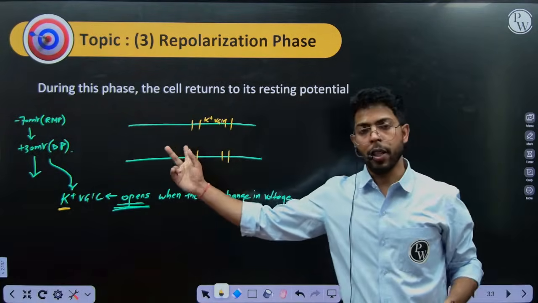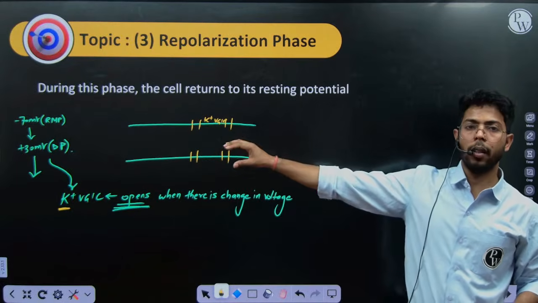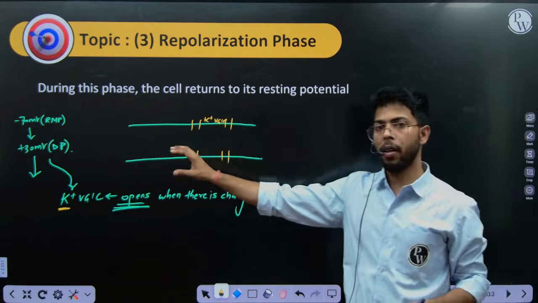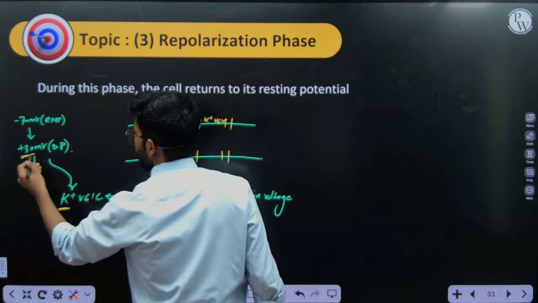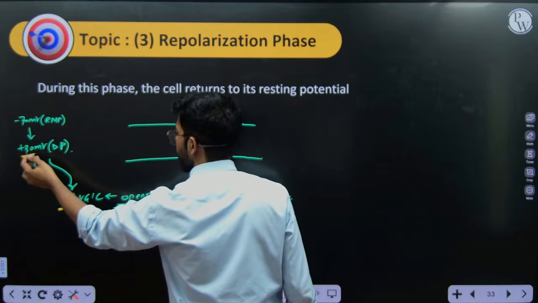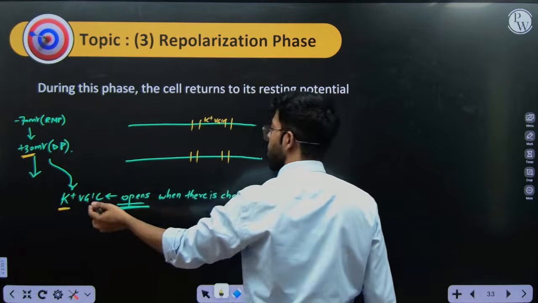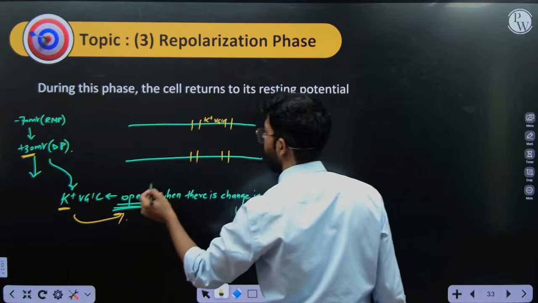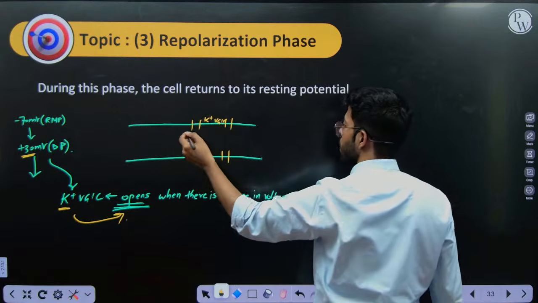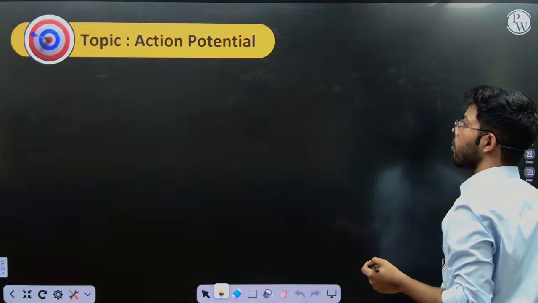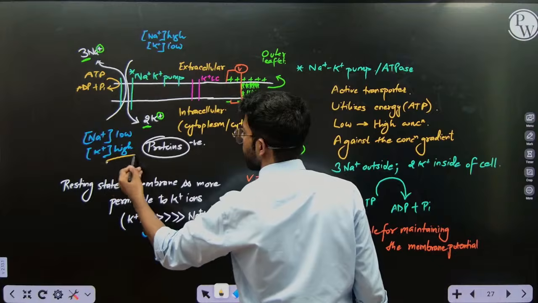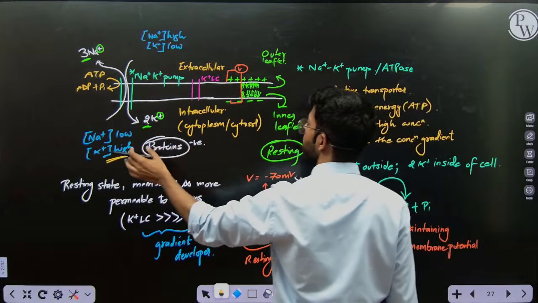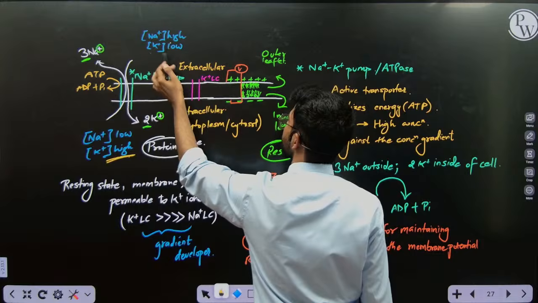Sodium ion VGIC and potassium ion VGIC both are present on the axonal membrane or plasma membrane of the neuron. Now, when the potential reaches plus 30 millivolt, it triggers the potassium ion VGIC and it gets open. As we have discussed earlier, there is a high concentration of potassium ion inside the cell as compared to the outside of the cell.